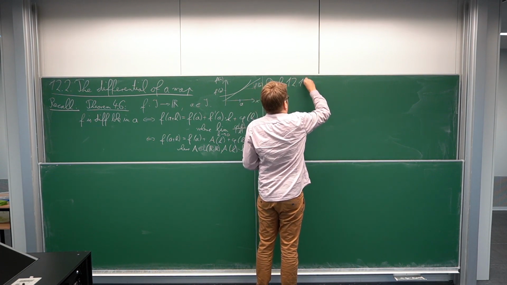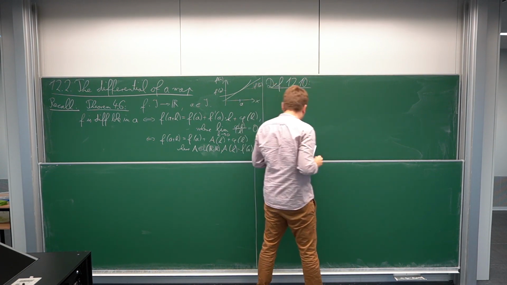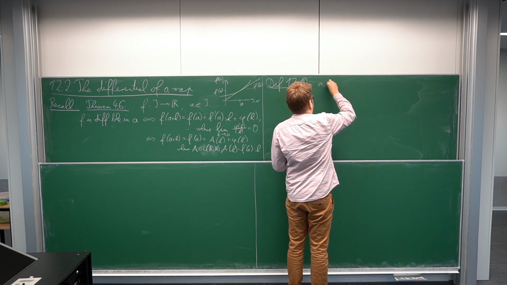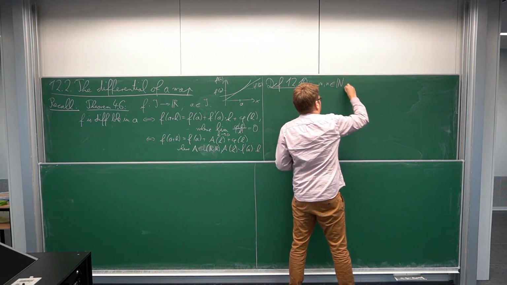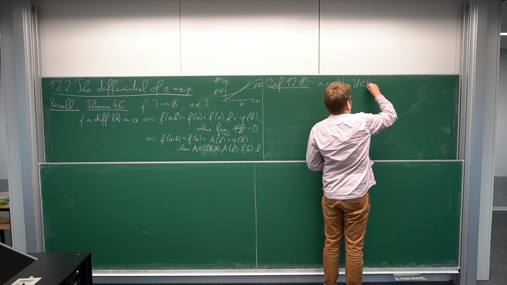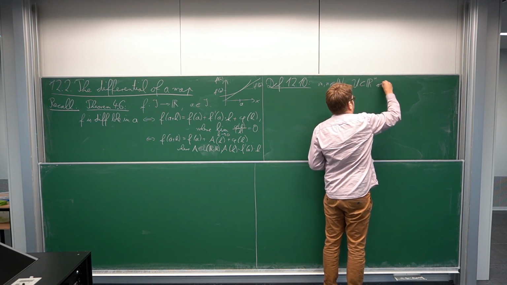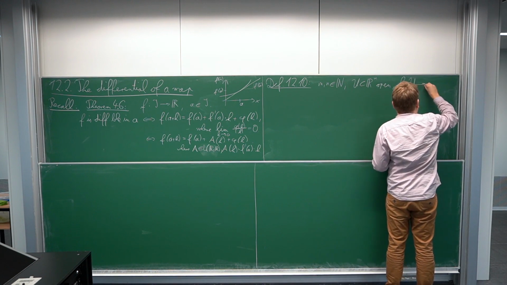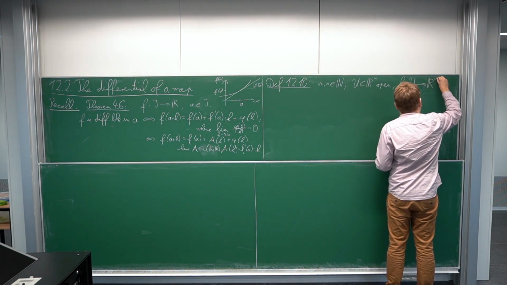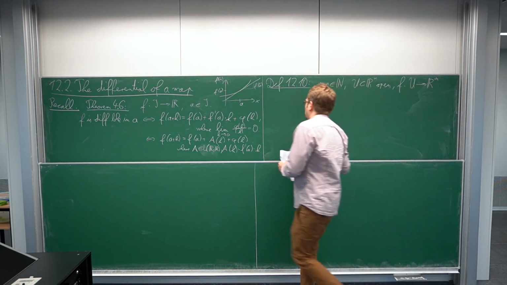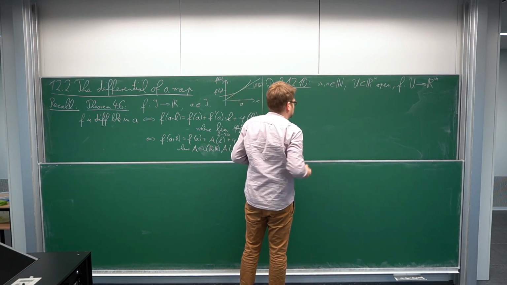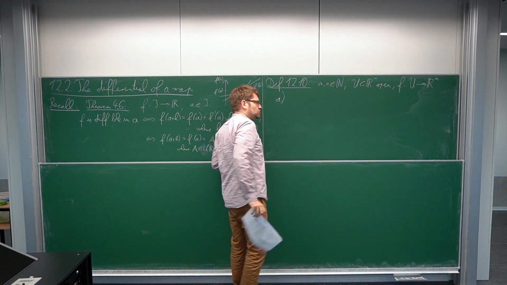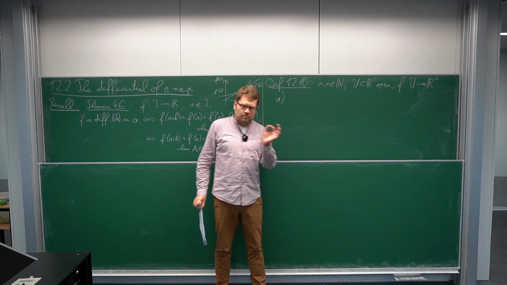So definition 12.10. We have m and n in N. We again have an open subset U of R^n, and we have a map f from U to R^m. This is now a replacement for an interval, so an open set where we have some points nearby.